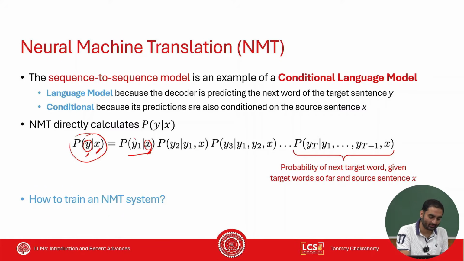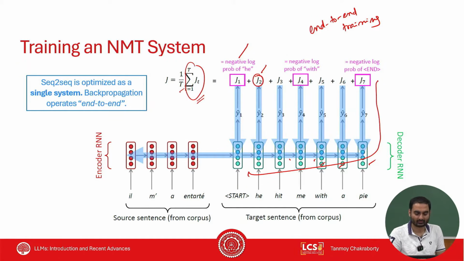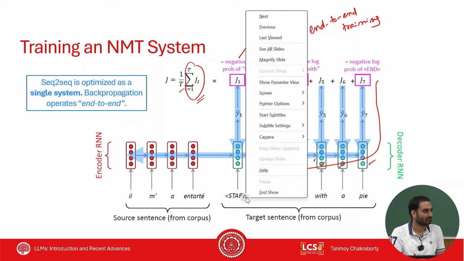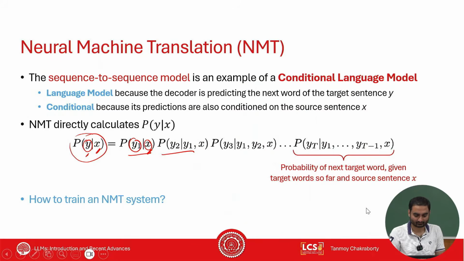So probability of Y1 given X. The next one is probability of Y2 given X and Y1, and so on and so forth. The last word will be probability of Yt given Y1, Y2, Y3 dot dot dot Yt minus 1 and X, right? So conditioned on the tokens that you have generated so far and the input.